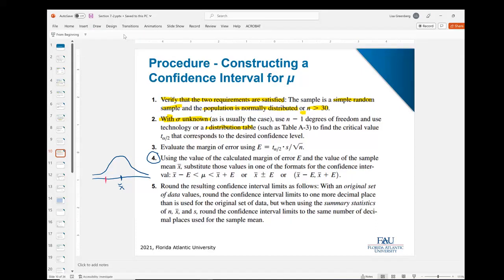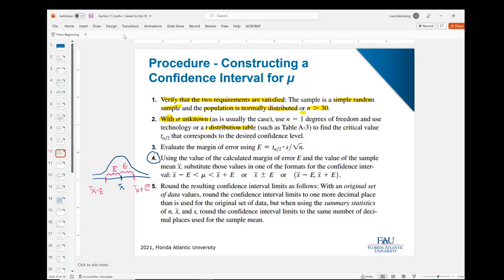Let's say this amount right here is E. So if I take X bar minus E, I'm going to be over here, aren't I? And if I take X bar plus E, I'm going to be over here. And again, this is E, right?